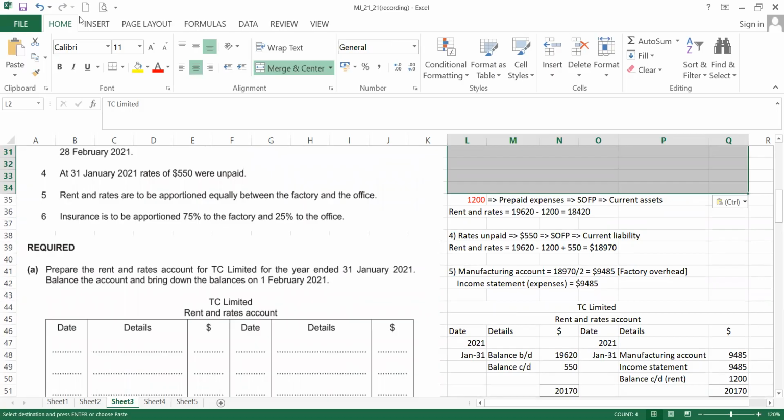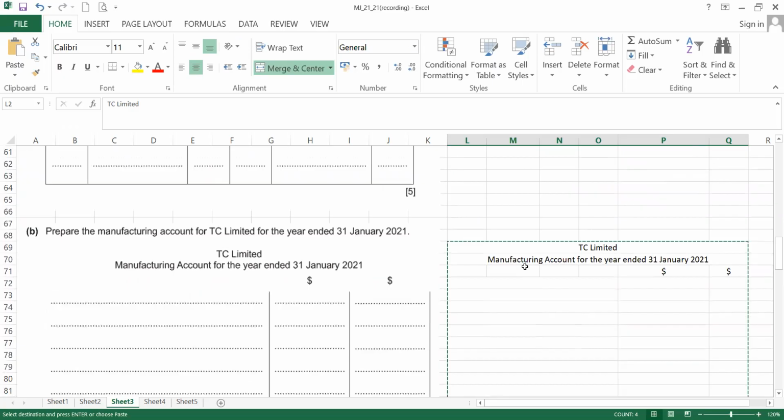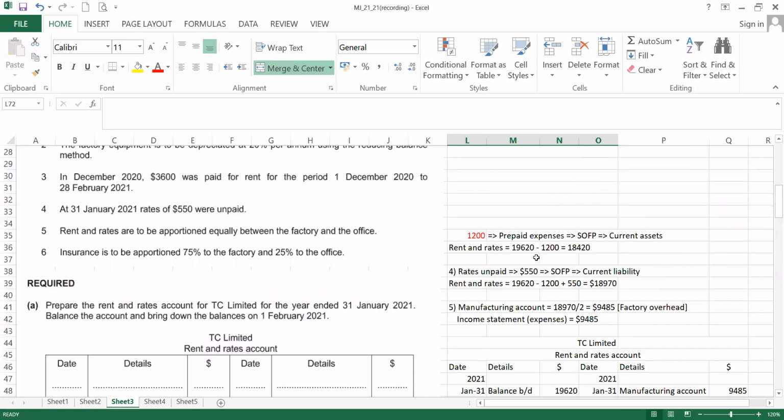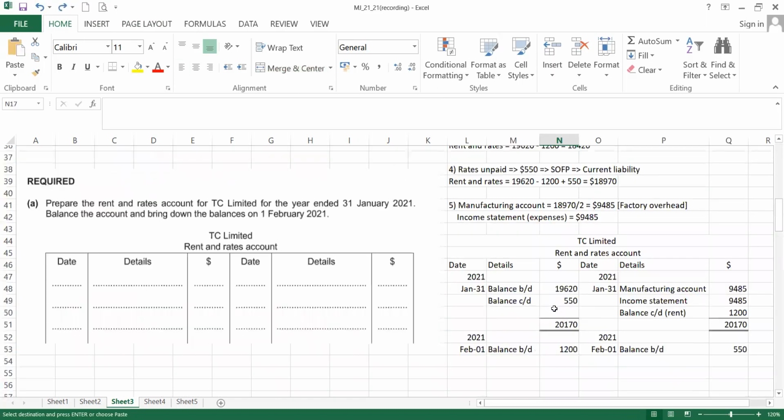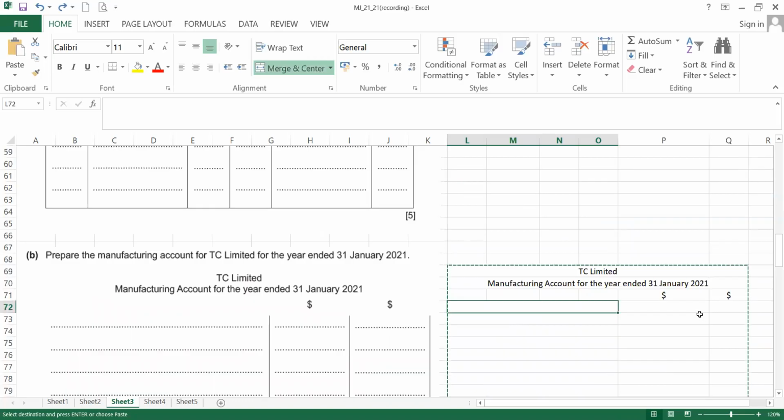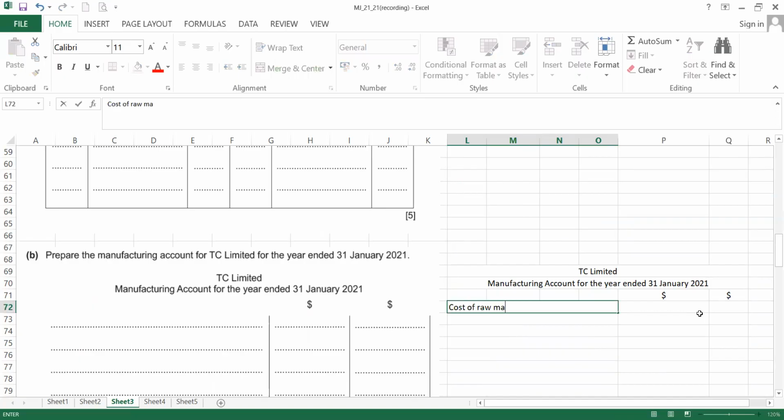Give me a minute. Okay, I cannot move up, so I will just do it here. Okay, the first section will be the cost of raw material consumed.